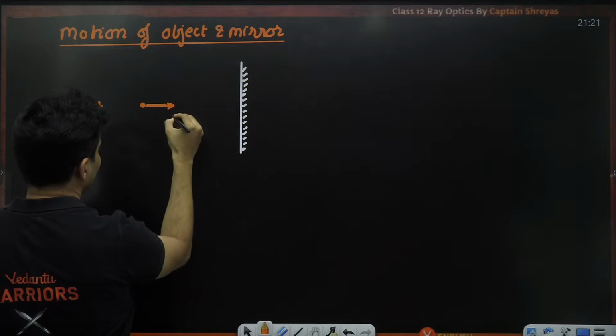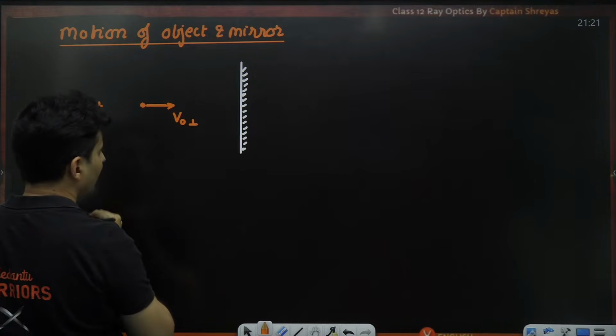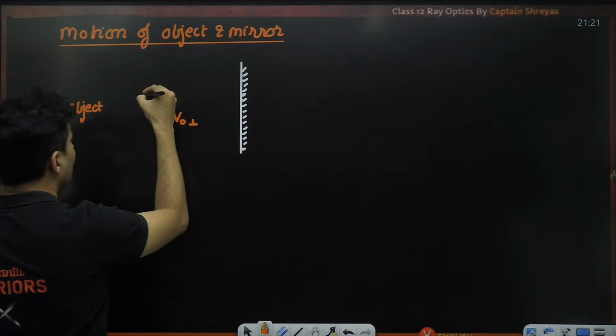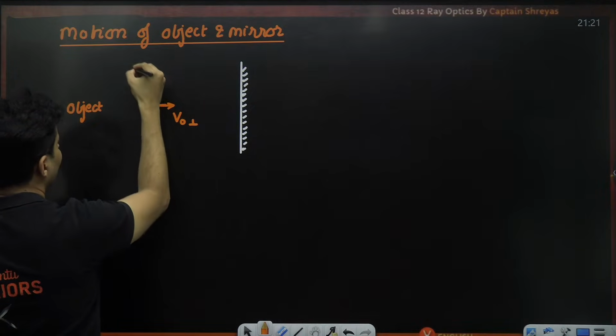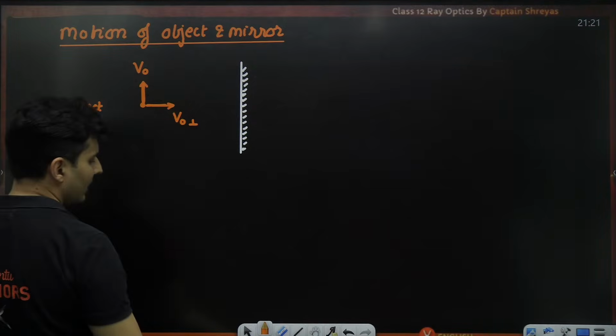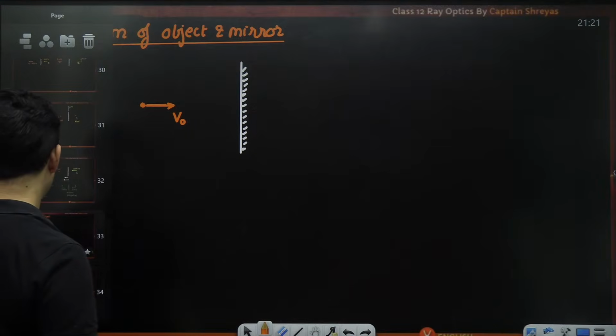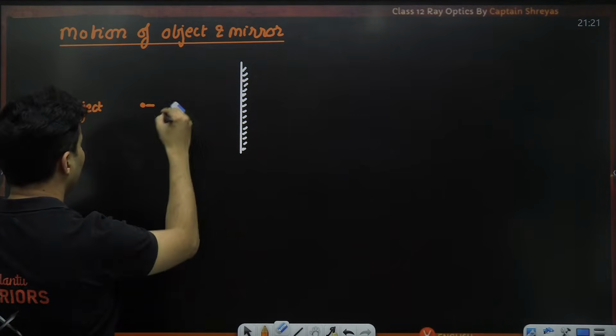One is like this, VO, which is perpendicular, in the perpendicular direction, and it can also have a velocity like this in the parallel direction. Let's just talk about perpendicular direction first, and then we can also deal with what happens in the parallel direction.